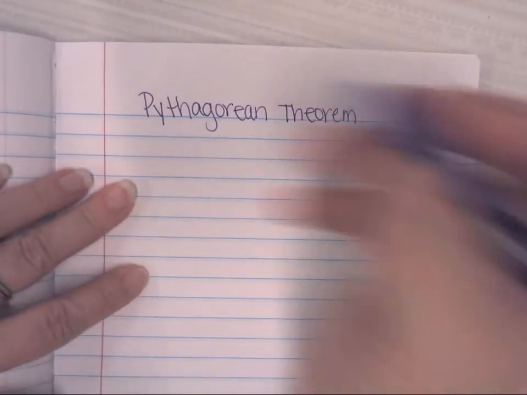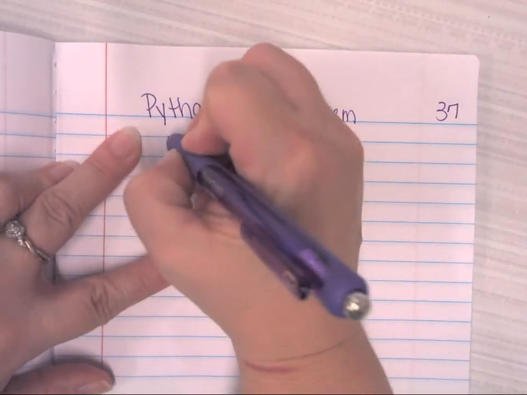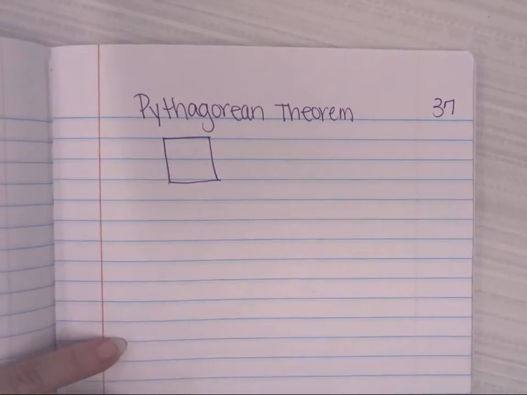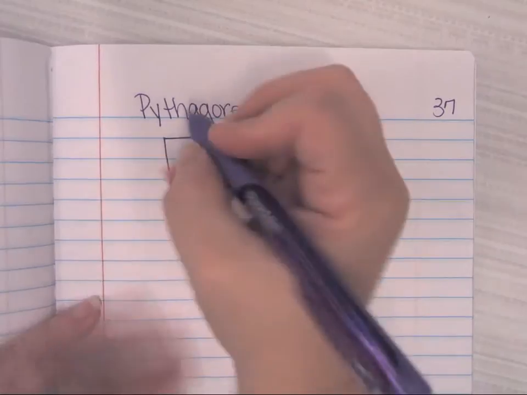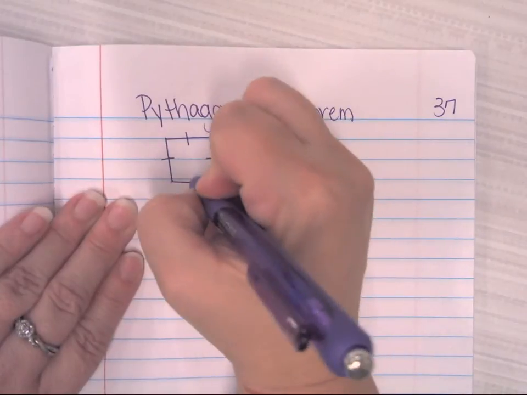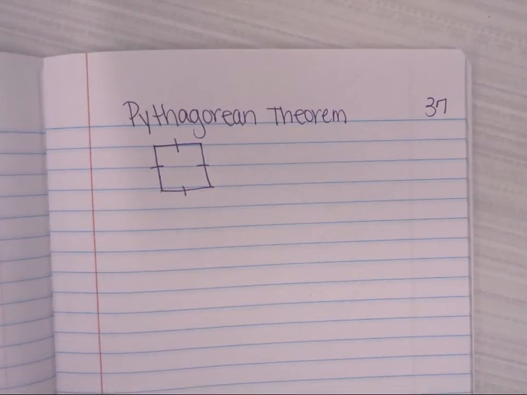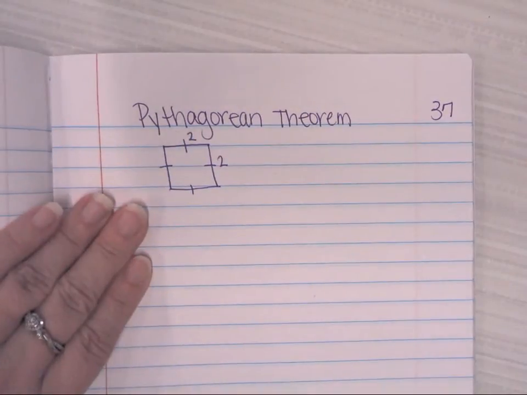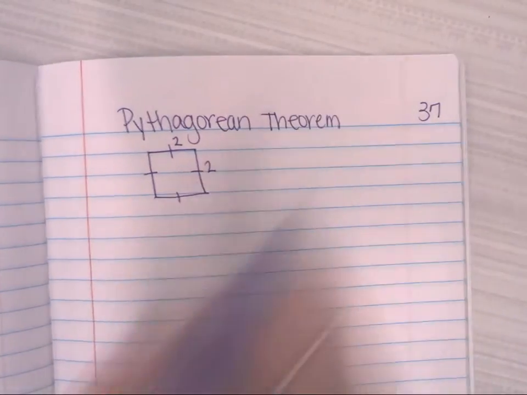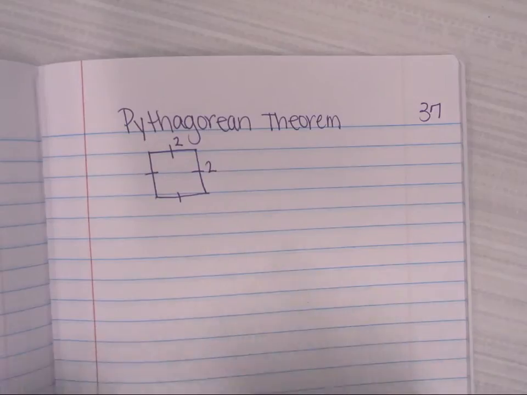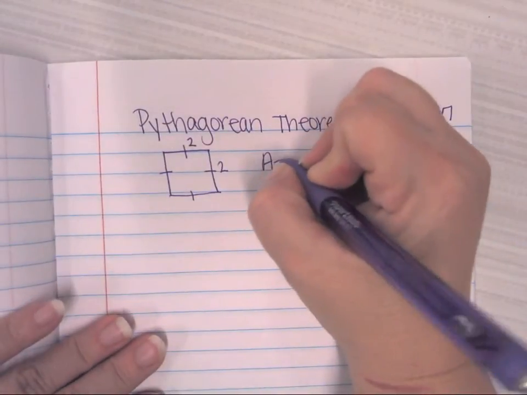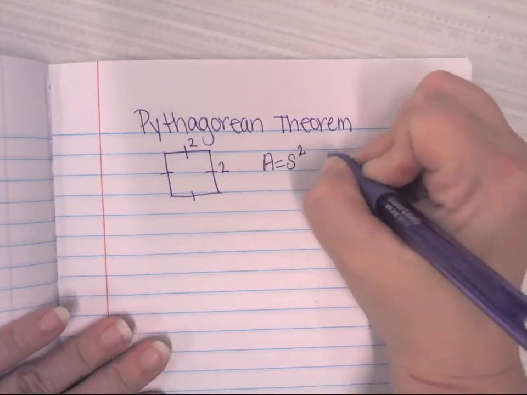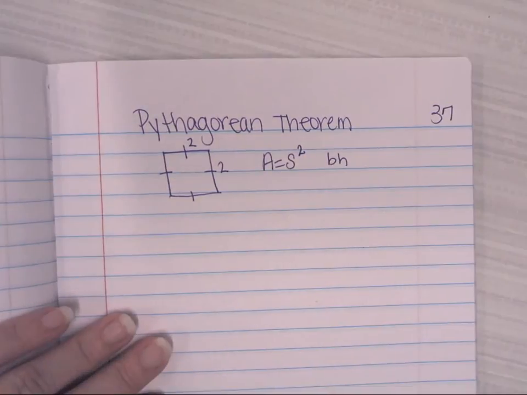Okay, so if I know that I have a square, and I know that all sides are equal, and this side is 2, and this side is 2, how do I find the area? The area of a square is equal to the side squared, or base times height.